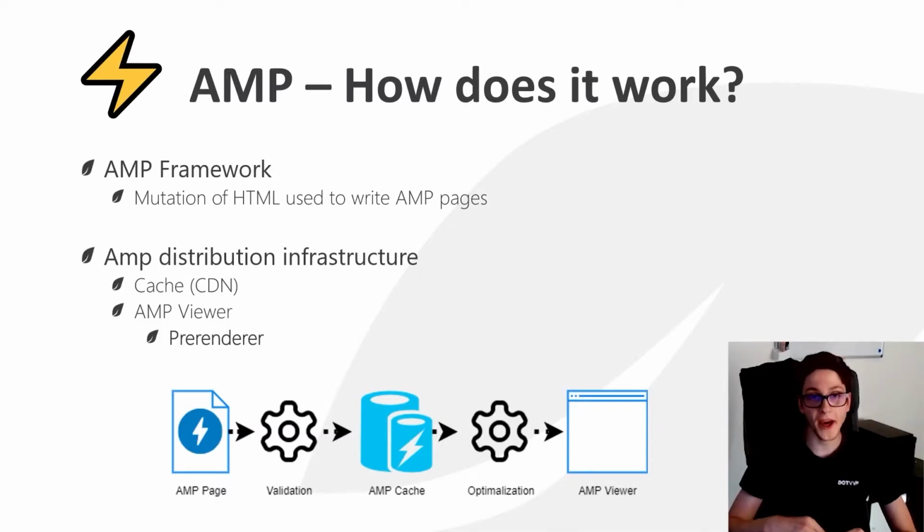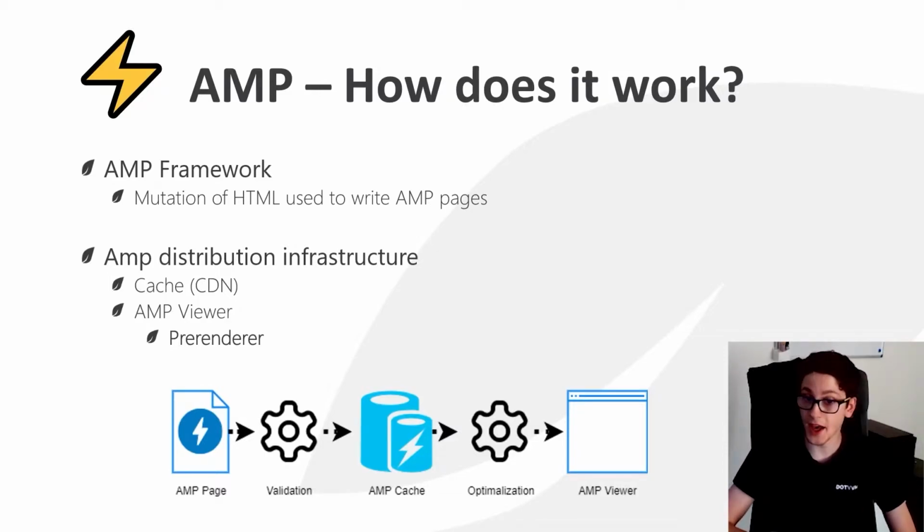When you write your page in AMP, it will already be pretty fast, but that's mainly because you are limited in terms of available functionality, and you will not achieve those near instant load times. In order to do so, you need to use the other part of the AMP infrastructure.